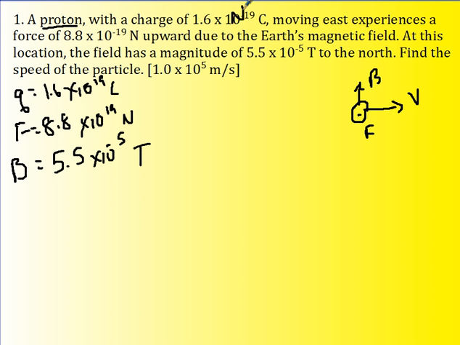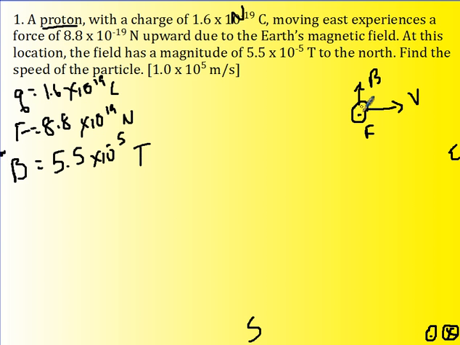Remember, you put north, south, east, west on your paper, and up and down are relative to your paper. So north, south, east, west, up is out of your paper, down is into your paper.